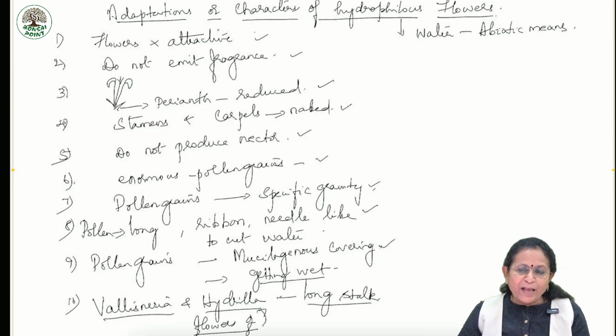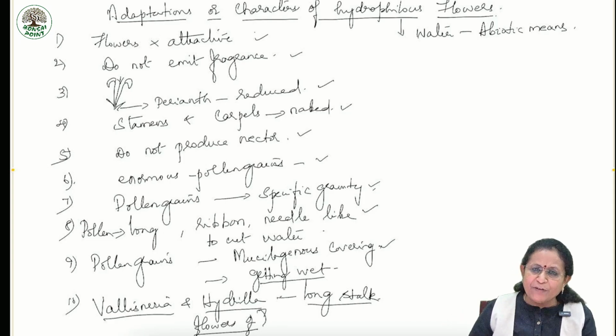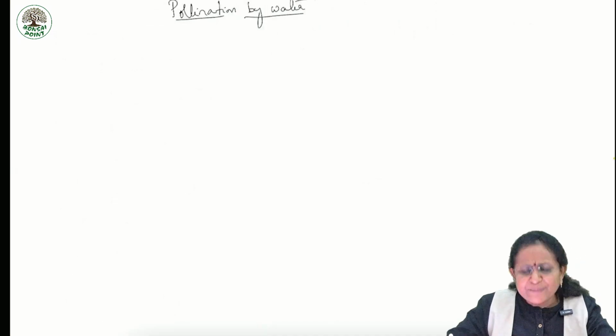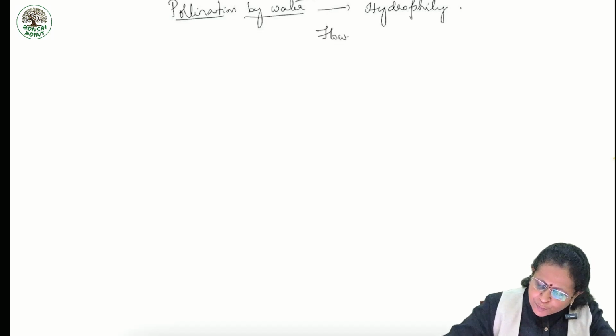Now, we have to study in detail about pollination in Vallisneria. Let us see how it occurs. Yes, students, pollination by water. I told you cross-pollination by water is called hydrophily. Such flowers which are cross-pollinated by water are said to be hydrophilous flowers.